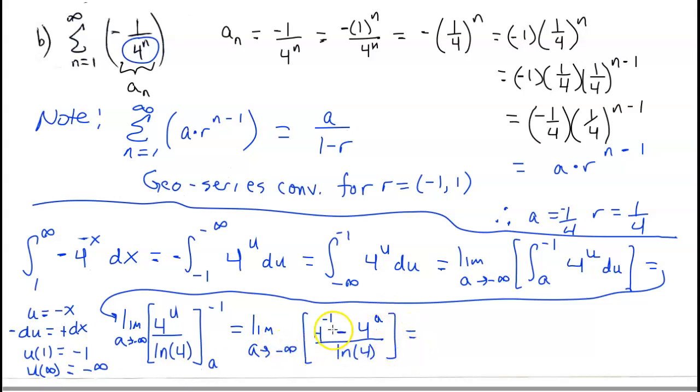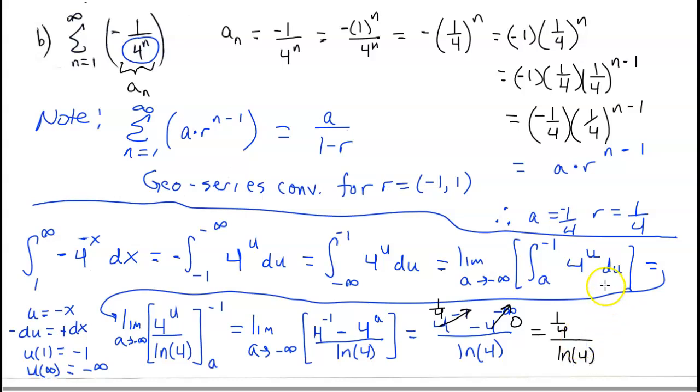All right, so at this point, we would just plug in a negative infinity here for our a. And here we know that 4 raised to the negative infinity is just like 1 over 4 raised to the positive infinity. This would go to 0. And of course, 4 raised to the -1, that's just the same as 1/4. So what we end up getting is just 1/4 divided by natural log of 4.